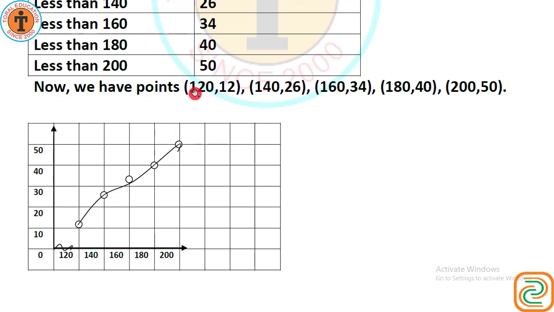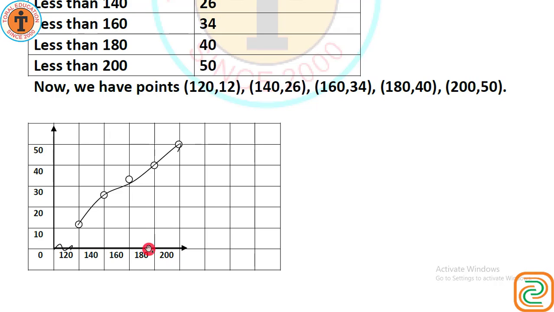And here the first point is 120. The gap between 0 and 120 is large, so we have to take a kink here. Then 120, 140, 160, 180 and 200.